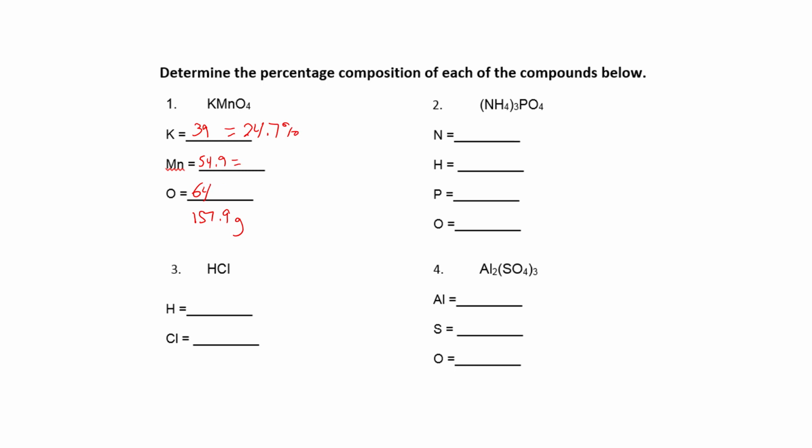And if we want to do this one, 54.9 divided by 157.9, we've got 34.8%. And for this one, we would do 64 divided by 157.9 times 100%, 40.5%. So that's the mass percent of each one of these.